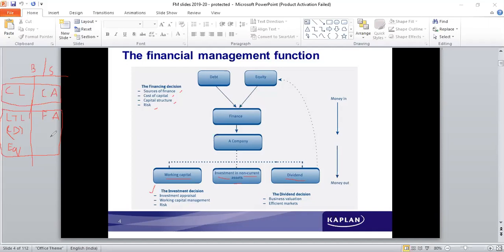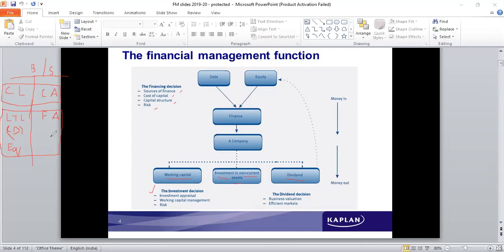Current liabilities are also a part of liabilities only. They are also outsiders extending credit to the business. The investment decision is how much should be invested in short-term assets and how much in long-term assets. That is one important point.